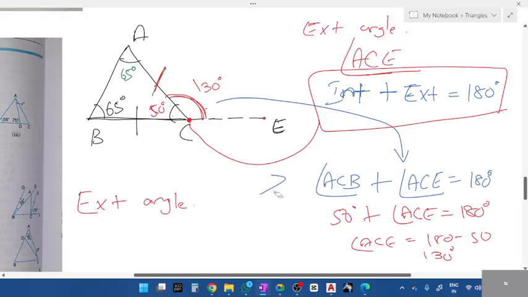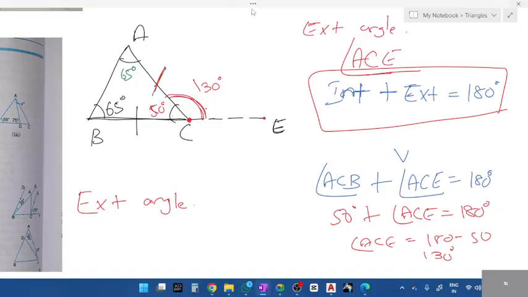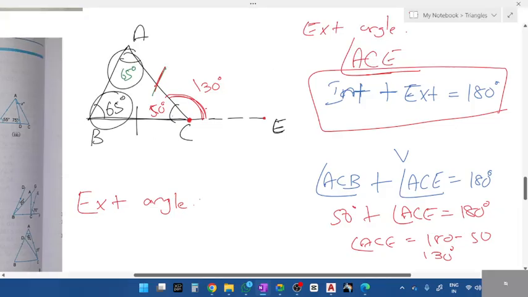That formula is 130 degrees, students. Can you tell me what is this 130? If you add A and B, what are we getting? 65 plus 65. Are we getting this 130? So how can you put this in words? Exterior angle is equal to what? When you add, what do you mean by add?